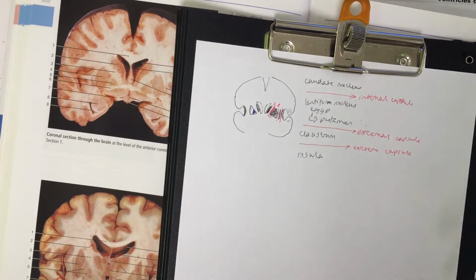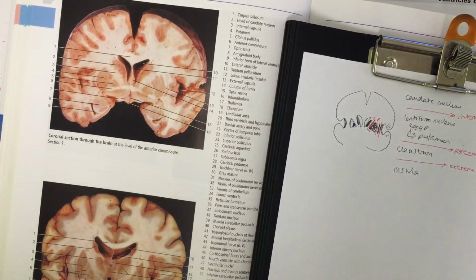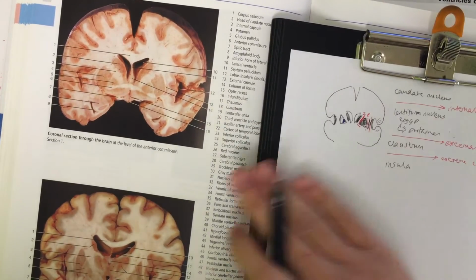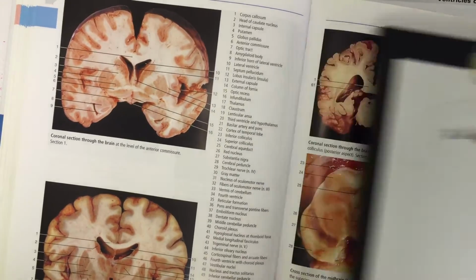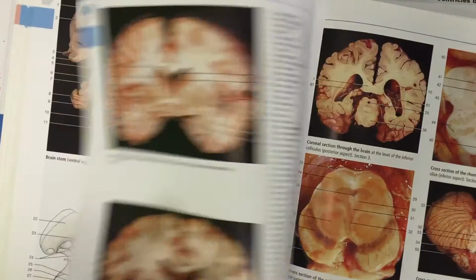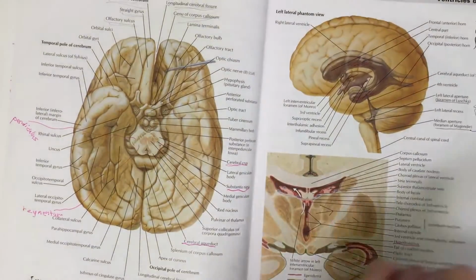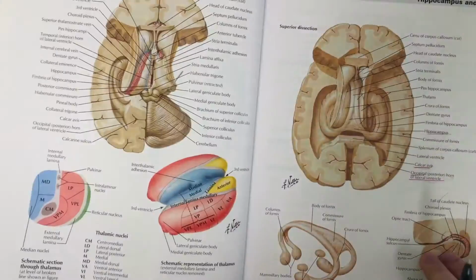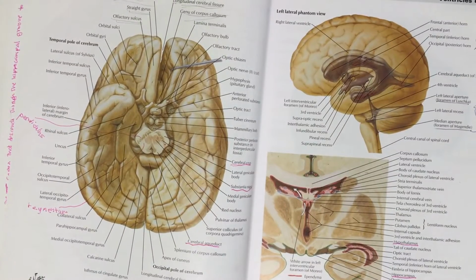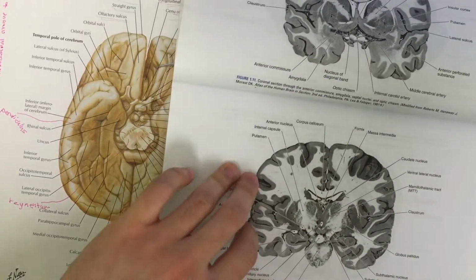Now, if I was to ask you, if I do another cross section where you would find the third ventricle, let me use this one.